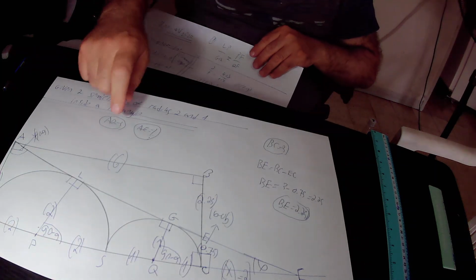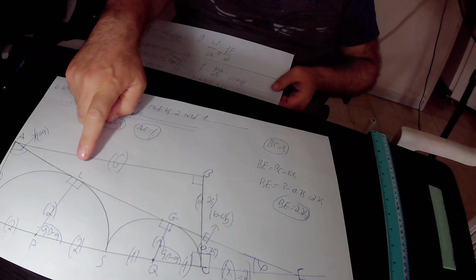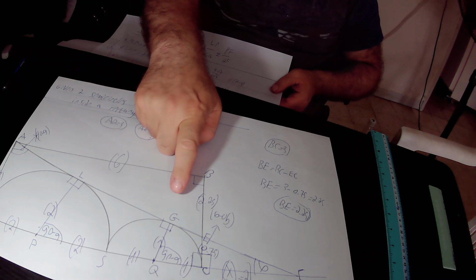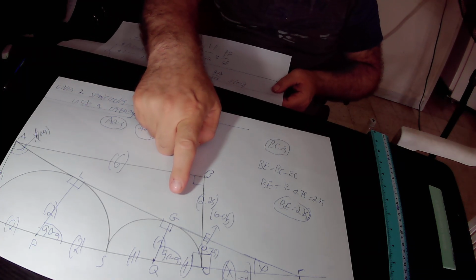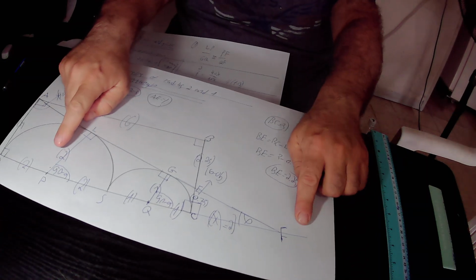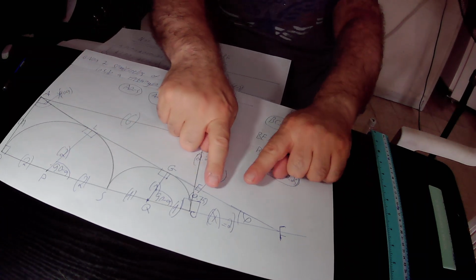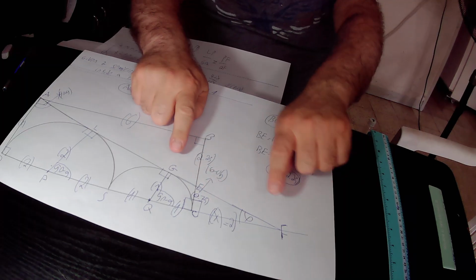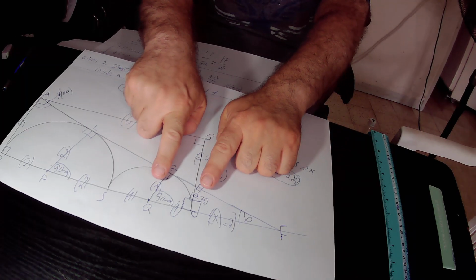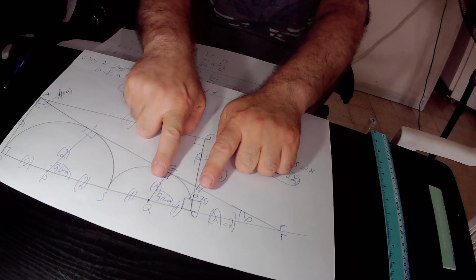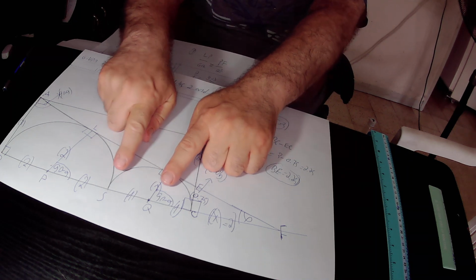LP is the radius of this big semicircle that is equal to 2, over GQ. GQ is the radius of this small semicircle that is equal to 1. For PF, we defined CF as X. QC is the radius of this small semicircle that is 1. QS is also a radius that is 1.